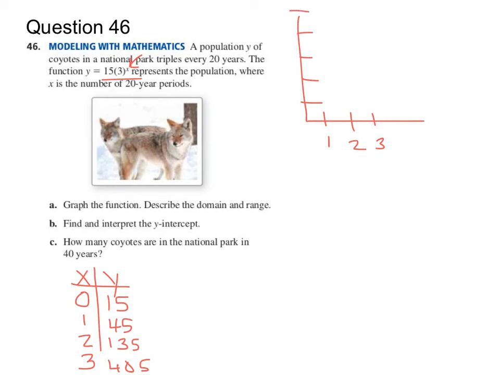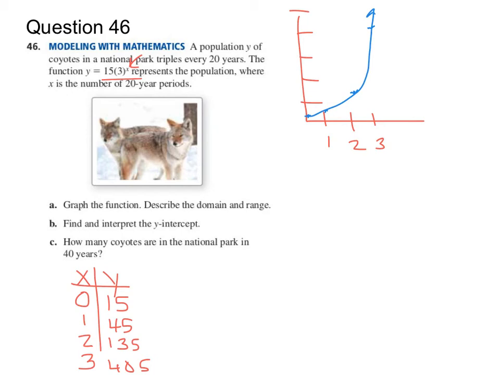Then 0, 15 is going to be really low down here. 1, 45, is almost halfway. Sorry, these aren't perfect, but you get the idea. 2 would be 135, and 3 would be 405. Then I could connect them with a line, which, once again, is not perfect, but you get the idea.